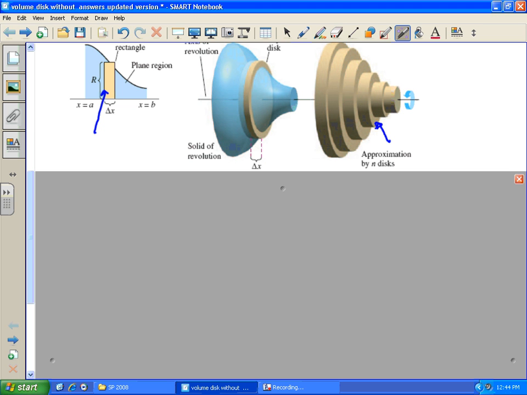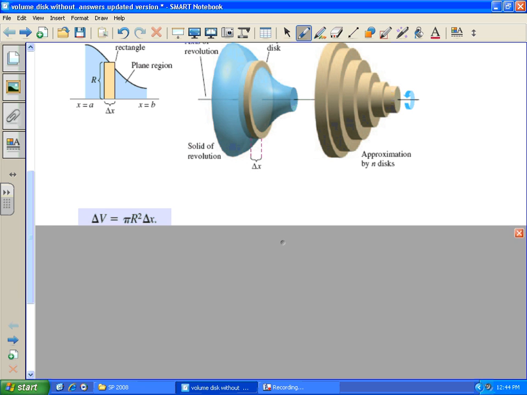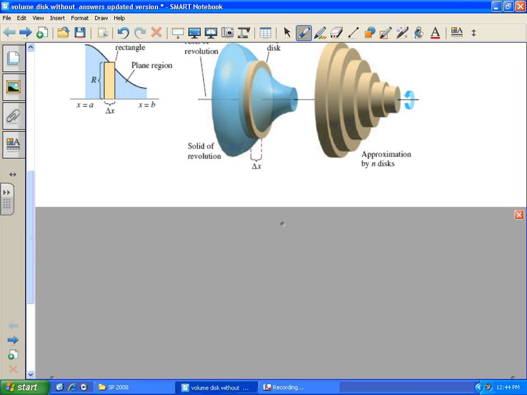One of these disks. So the question is, what is the volume of each one of those disks? We represent it by the notation delta W. Delta W represents the volume of one representative disk. It's an incremental volume amount, the volume of one disk.